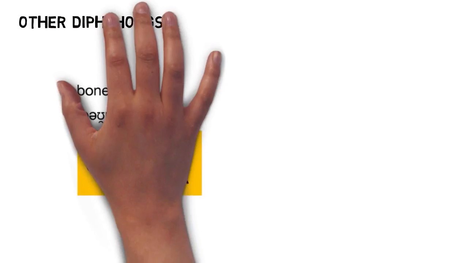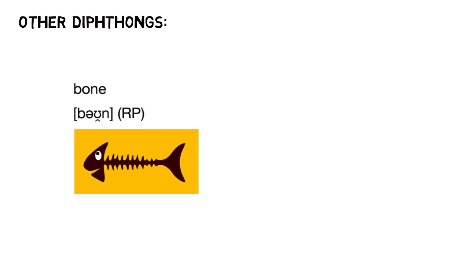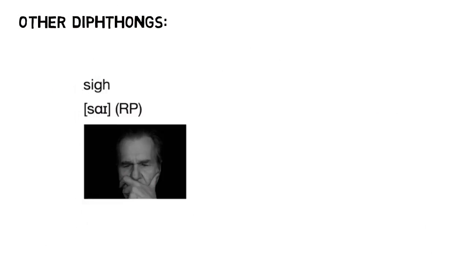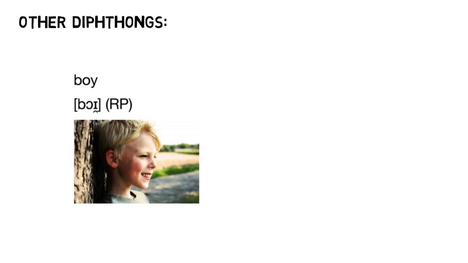We then covered some fairly simple substitutions. There was O as in bone, which began with a schwa. Then there was I as in sigh, which started all the way at the back of your mouth, and oi as in boy, which started fairly low in your mouth.